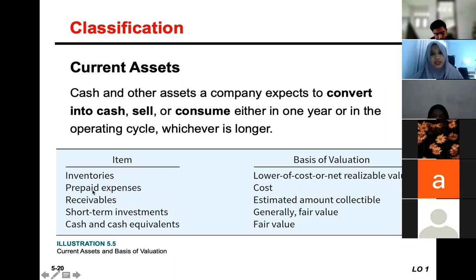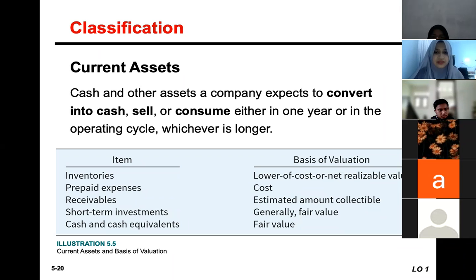IFRS requires inventories to be valued at lower of cost or net realizable value, prepaid expenses at cost, receivables at estimated amount collectible, short-term investment at fair value, cash and cash equivalents at fair value.